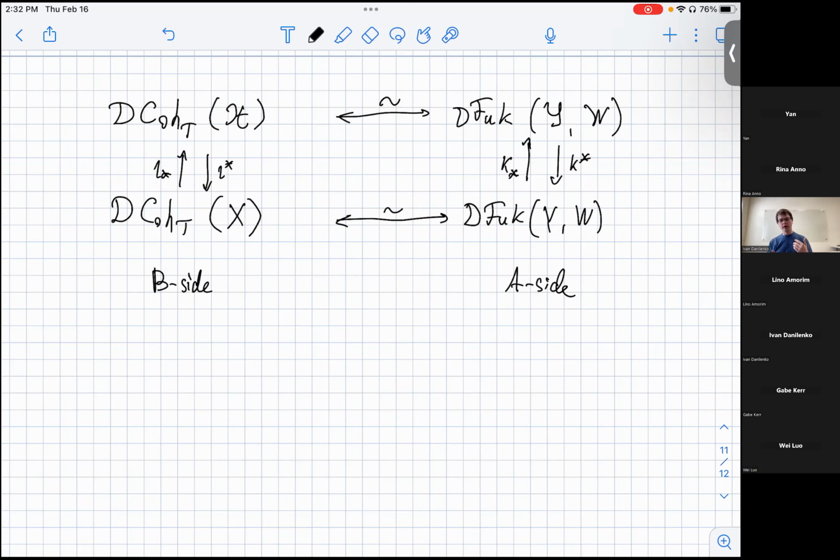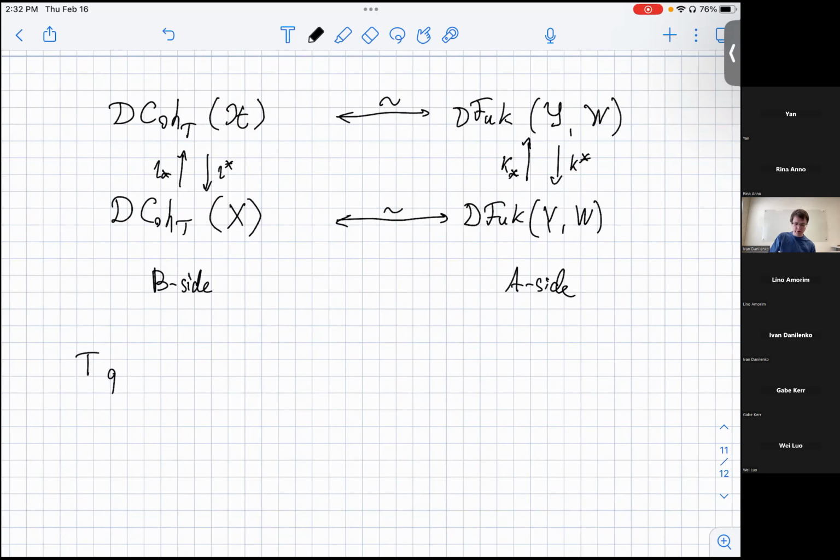So maybe one thing: because we have equivariant categories on the B side, we should do something similar on the A side. And in this case, it's multivaluedness of the superpotential.